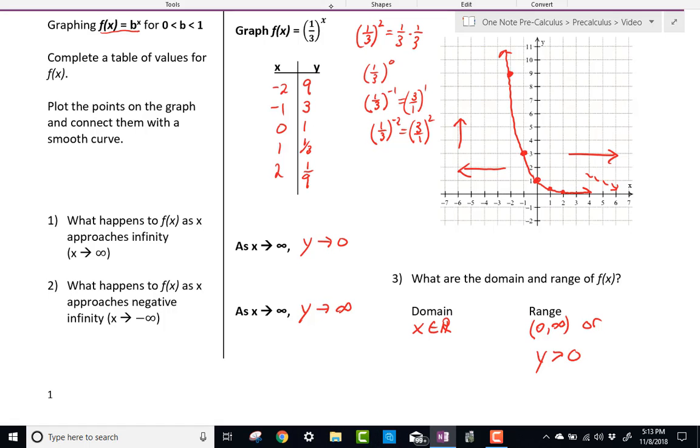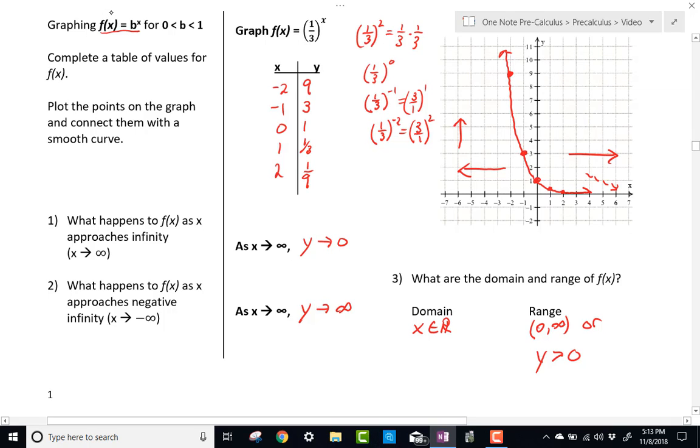All right? So these two graphs look the same, but they just kind of look like flipped over versions of each other. So this graph down below here, this is what we call exponential decay. It's called decay because as x grows, y gets smaller. Think of it as an element.